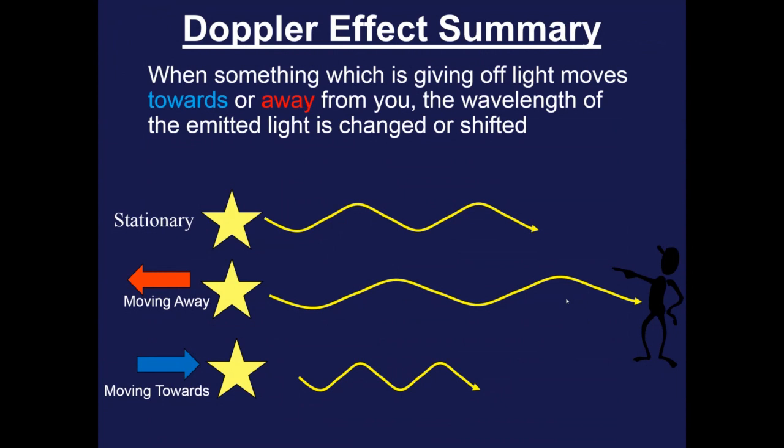The speed of light, on the other hand, it's pretty hard to move at even a remotely decent percentage of the speed of light. So overall, things won't really change their colors. I don't care how fast you run with a flashlight. The flashlight will not change color to the perspective of the person you're shining it on.